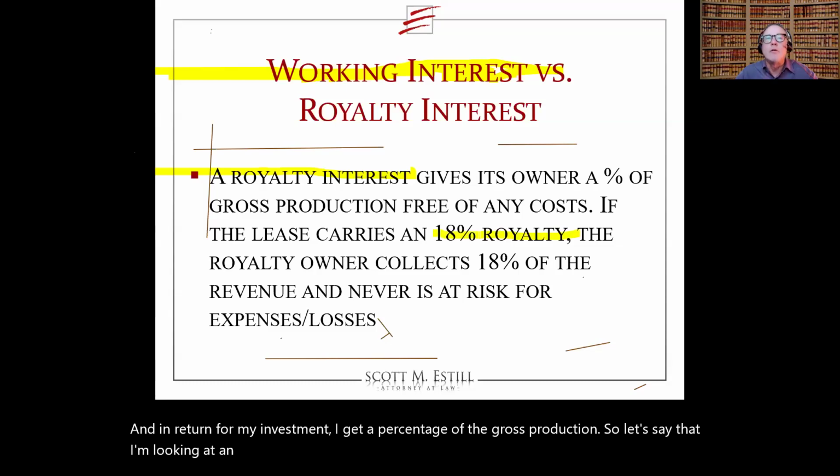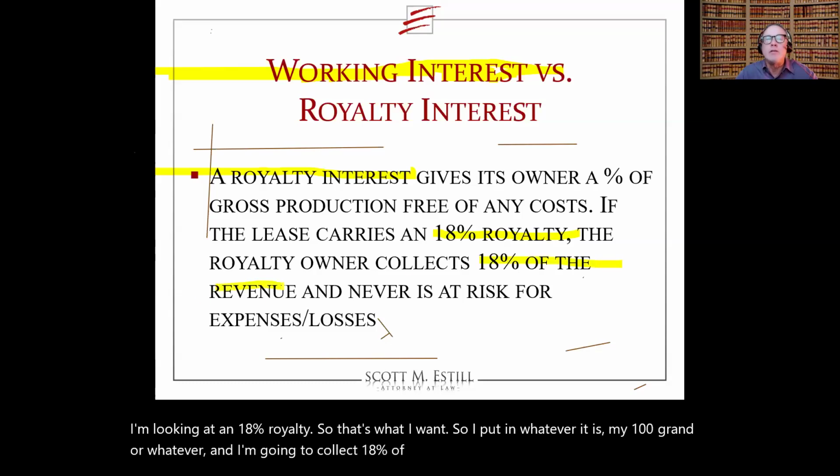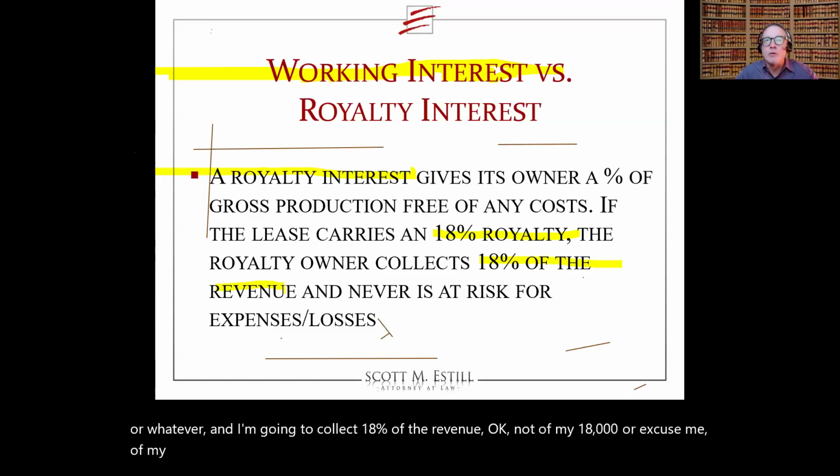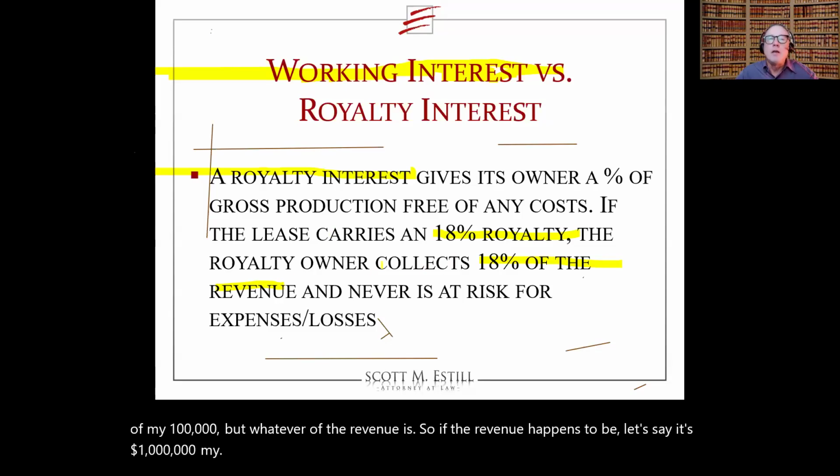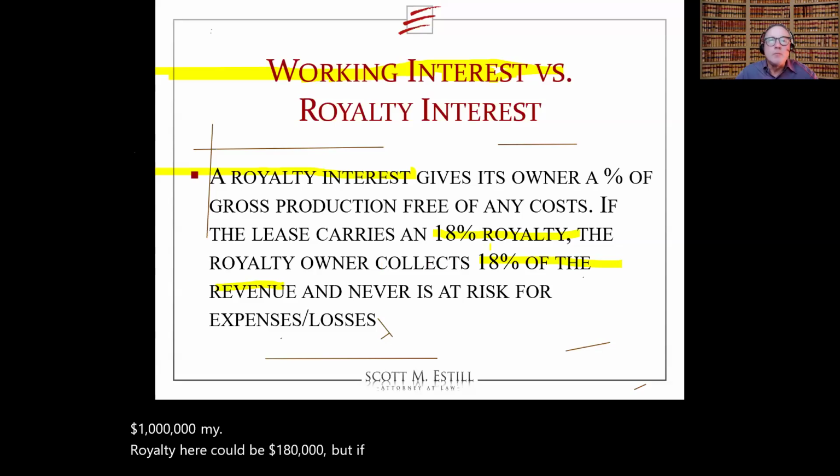So I put in my 100 grand or whatever, and I'm going to collect 18% of the revenue. And not of my 100,000, but of whatever the revenue is. So if the revenue happens to be, let's say, $1 million, my royalty here could be $180,000. But if it loses money, 18% of nothing still comes out to nothing.